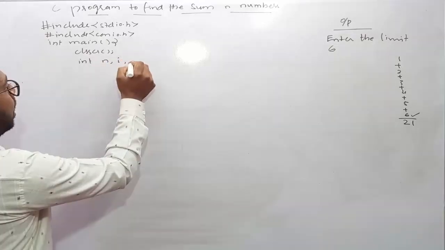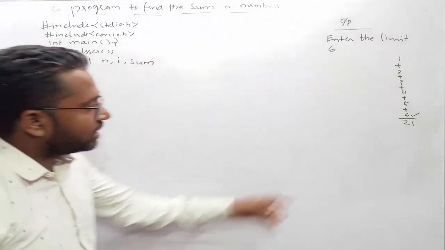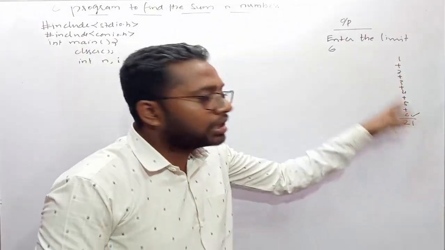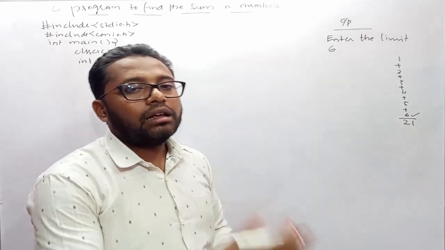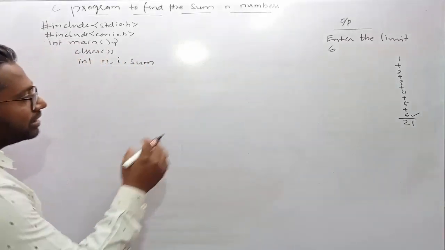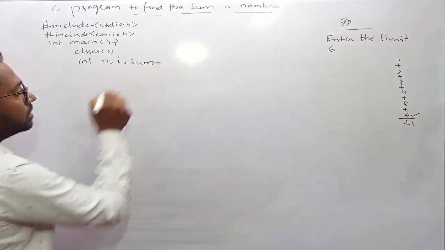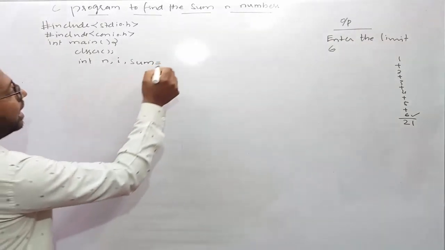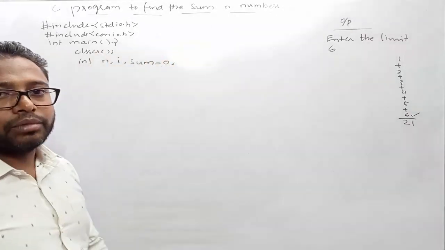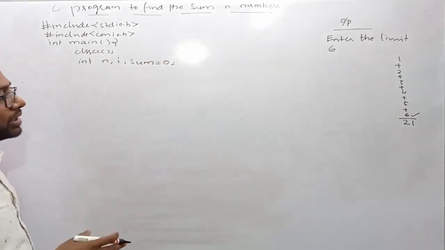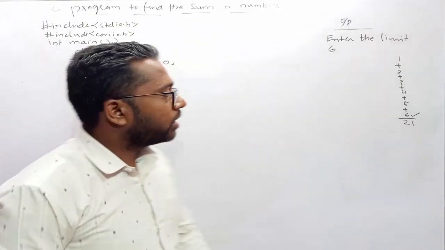I also need to create one more variable, sum, because at the end I need to find the sum of these numbers. So I need to store the sum in a variable, and to hold that value I have created a variable sum of type integer, and I need to initialize it to 0. Now these are our variables, and with their help we will try to achieve this output.